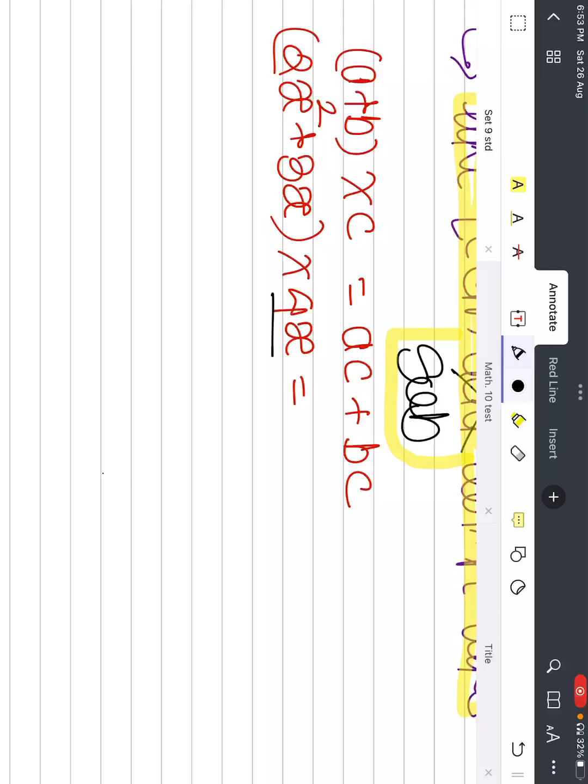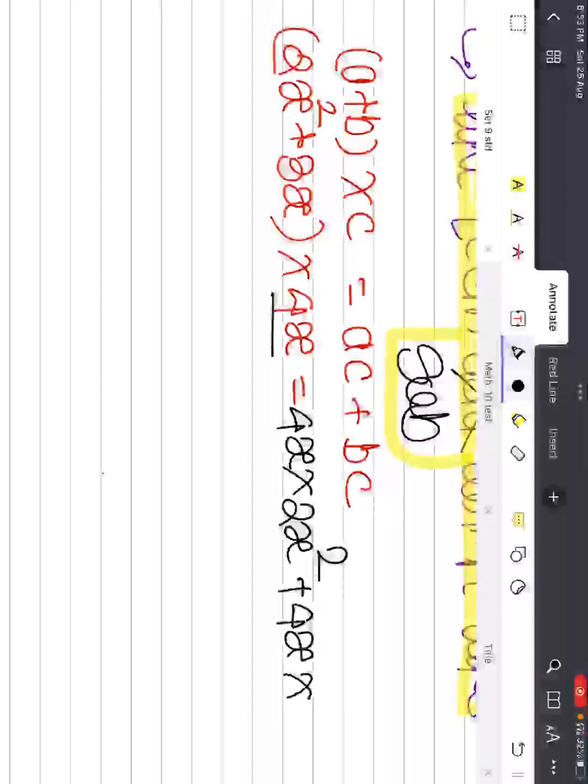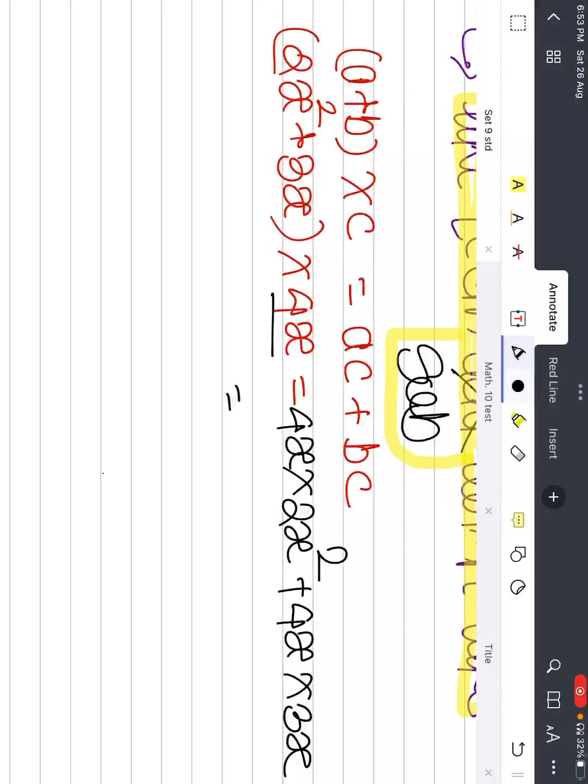This 4x is a common multiplier with this whole bracket. So we will simplify first like this: 4x multiplied by 2x square plus 4x multiplied by 3x. Now, as per the previous one, a number will multiply with a number and a variable will multiply with a variable.